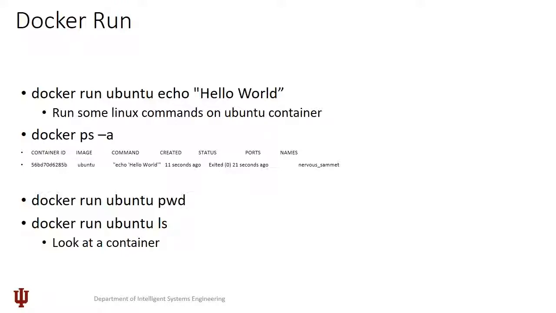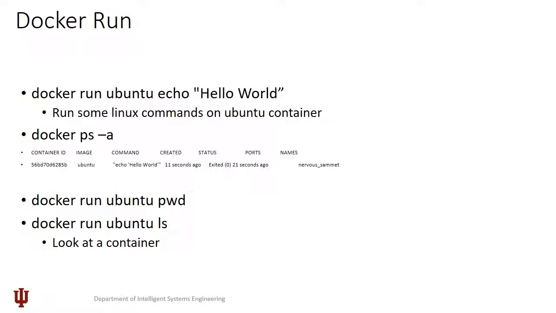And if you want to see the execution, you can actually say docker ps, but you will not see it because it only shows the current running containers. But if you say docker ps -a, you see the containers that have been executed even a couple of moments ago. So naturally you can do other things such as docker run ubuntu pwd, docker run ubuntu ls.